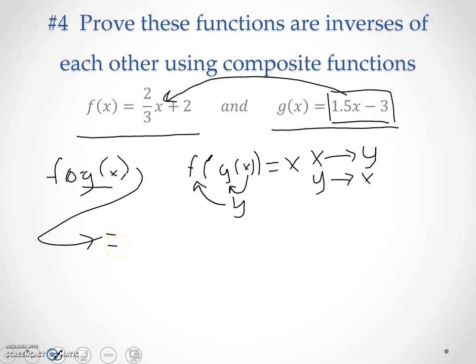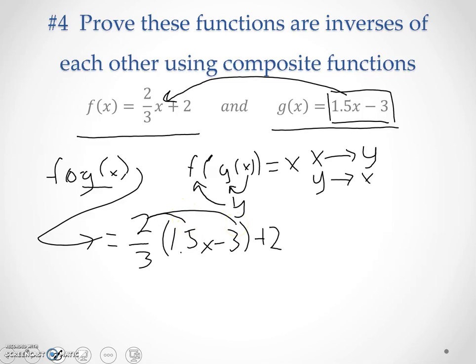This is equal to 2/3 times x, but x is 1.5x minus 3, and then plus 2. So if this does equal x, then they are inverses of each other because it would map x back onto itself. And so I'm going to distribute the 2/3.